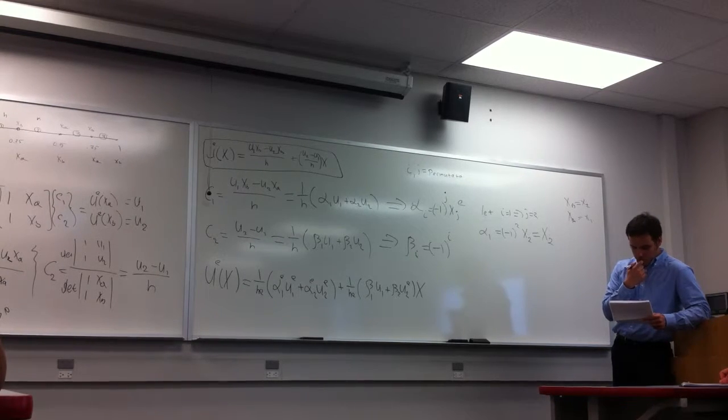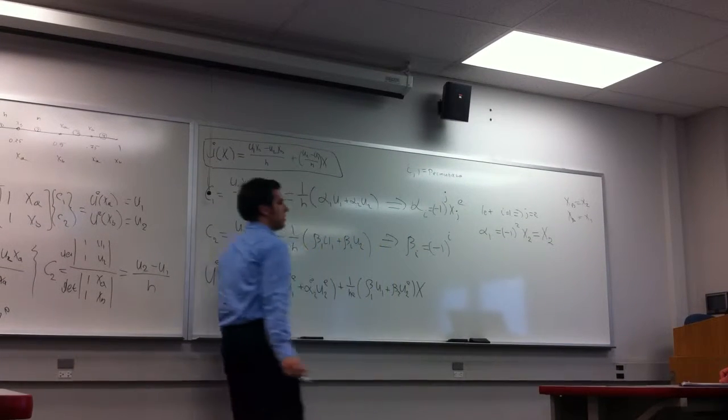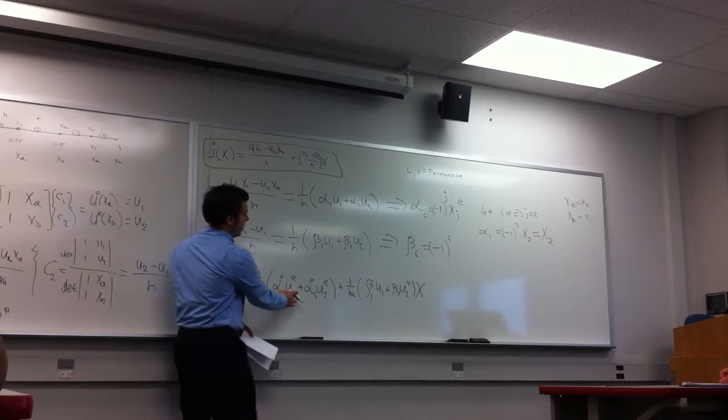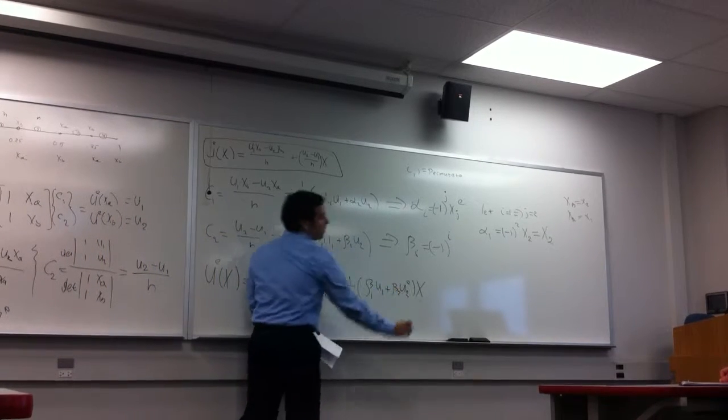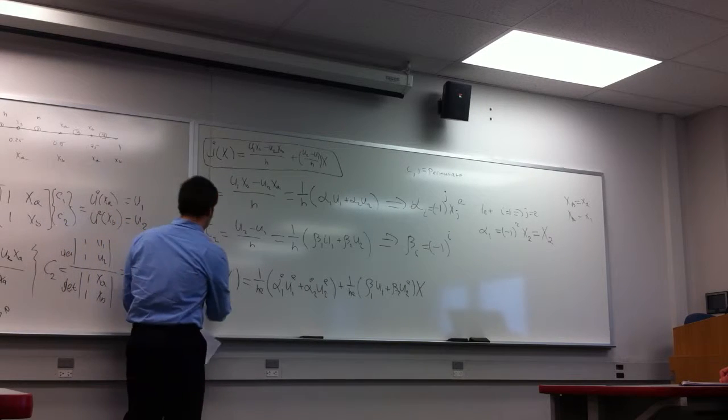All right. Now that we have rewritten this thing, let's collect apples and oranges. Let's collect all of the coefficients that multiply U1 together and the coefficients that multiply U2 together, because that's logical to do, right?